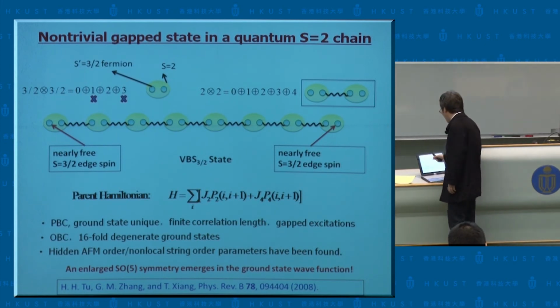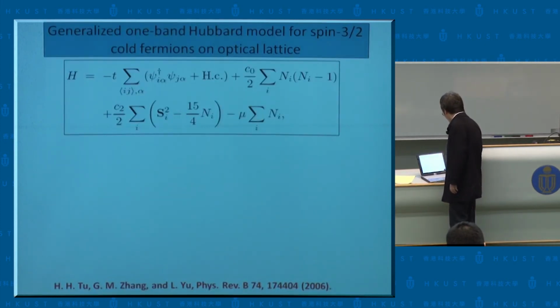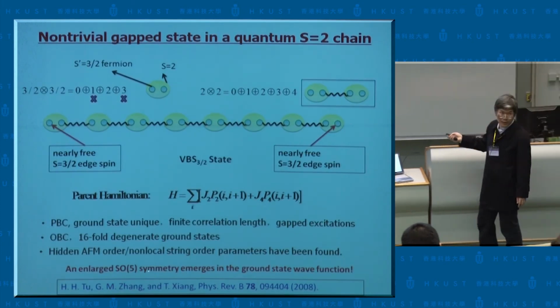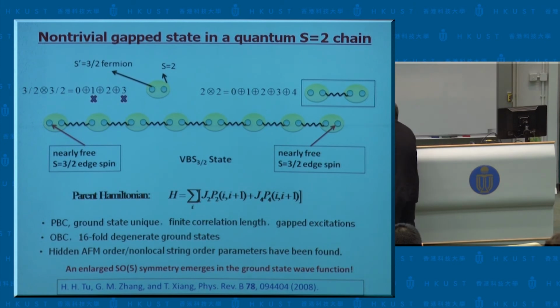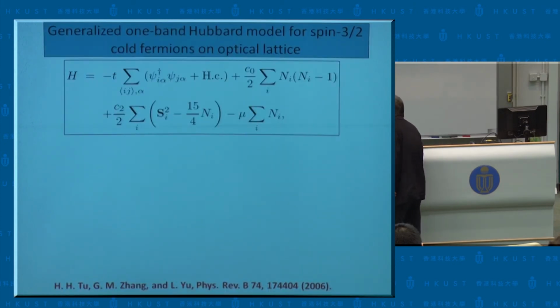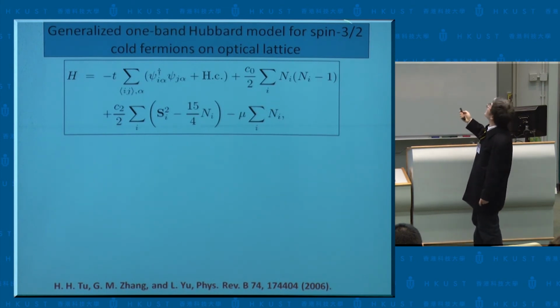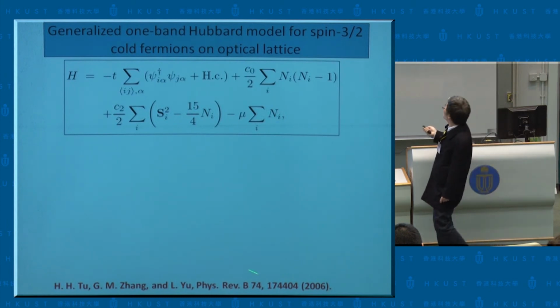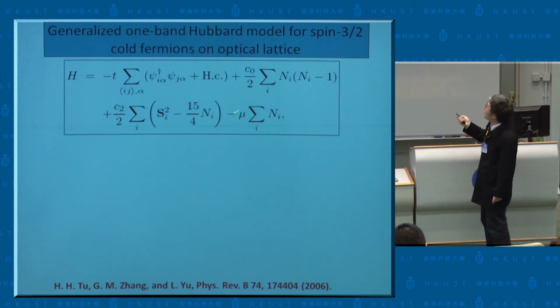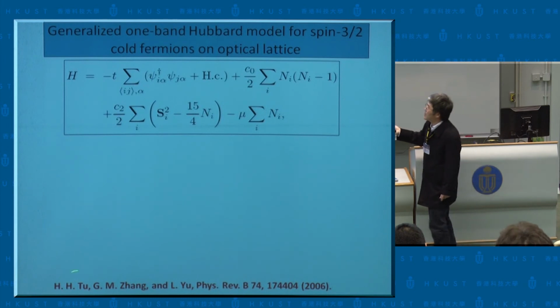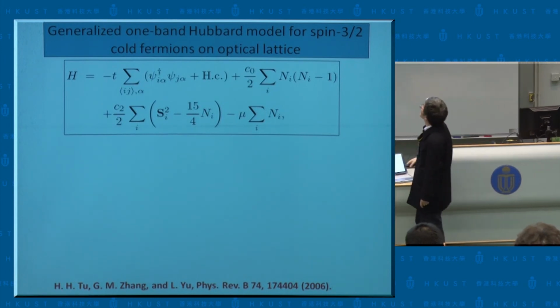So how does this SO(5) symmetry emerge? Let's look at the generalized one-band Hubbard model for spin 3/2 cold fermions on an optical lattice, which we considered in 2006 with Professor Yu and my former PhD students.